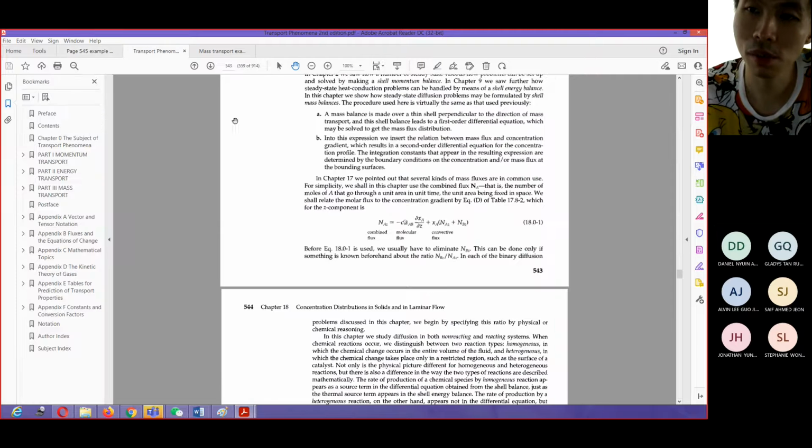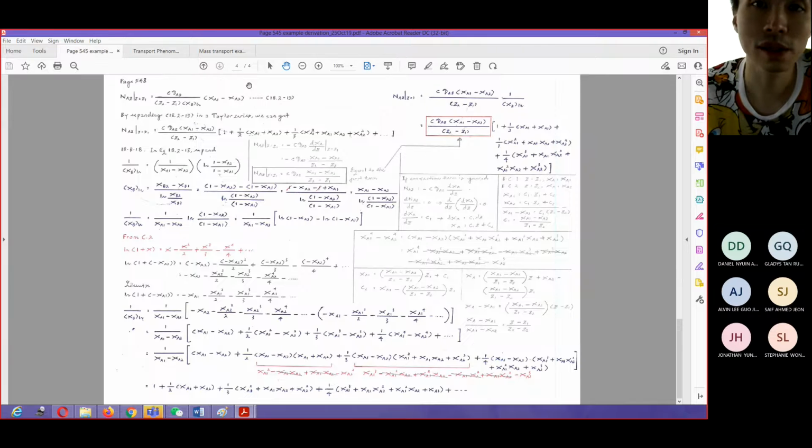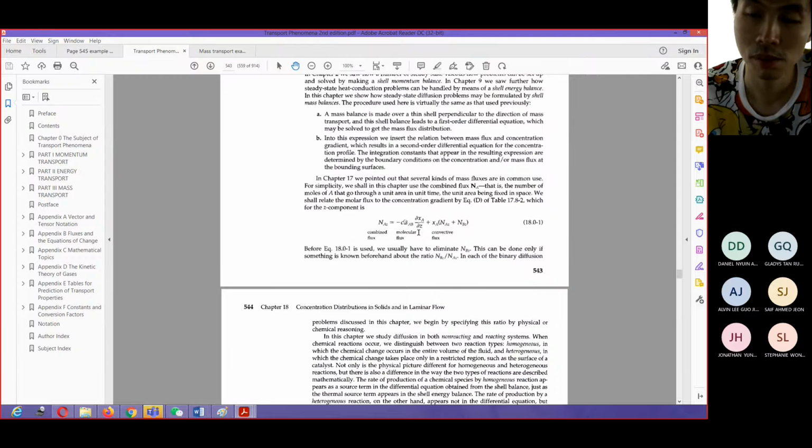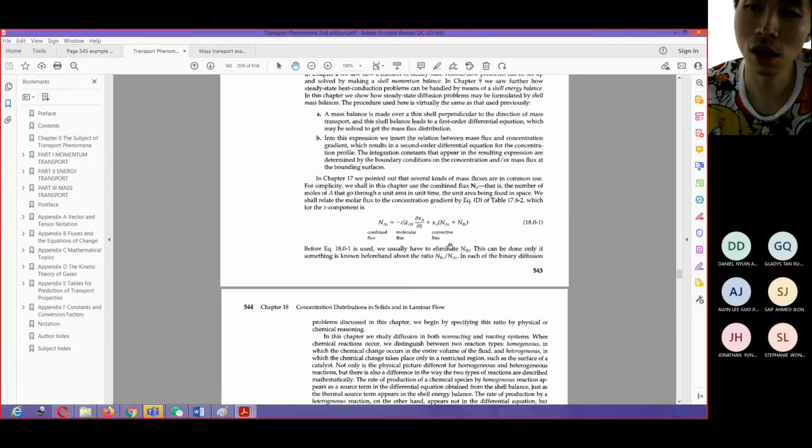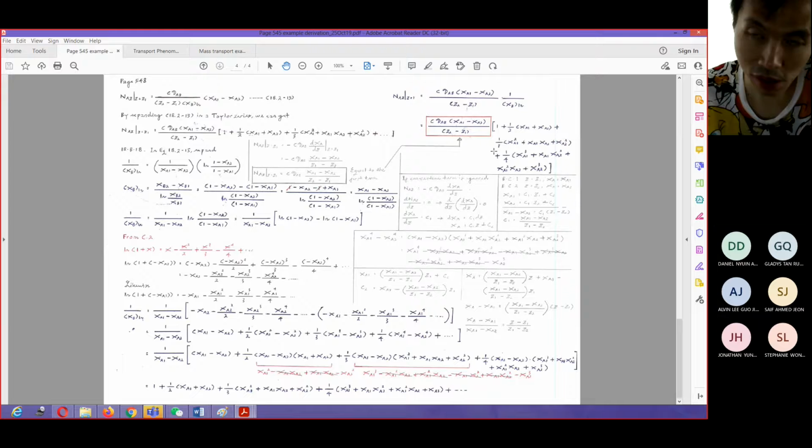So this particular term is equal to XA1 minus XA2, whereas the term in the denominator is equal to Z2 minus Z1. But of course, this term will be neglected. When this term is neglected, then we will have this particular term, meaning that we neglected the contribution from the convective term.